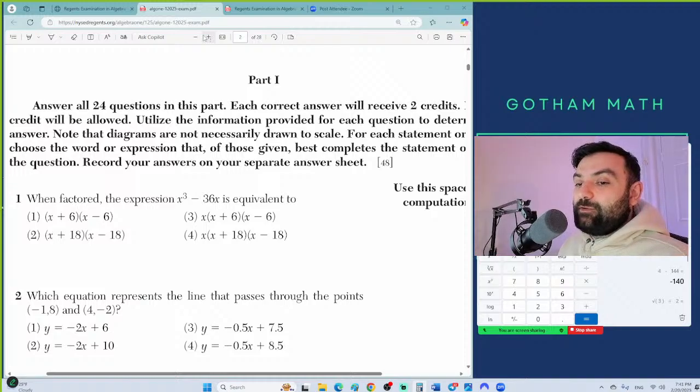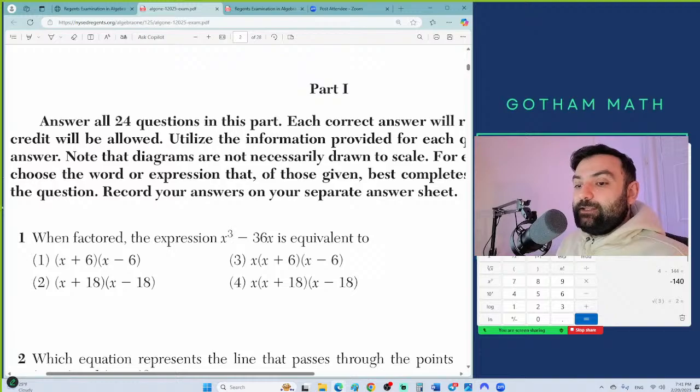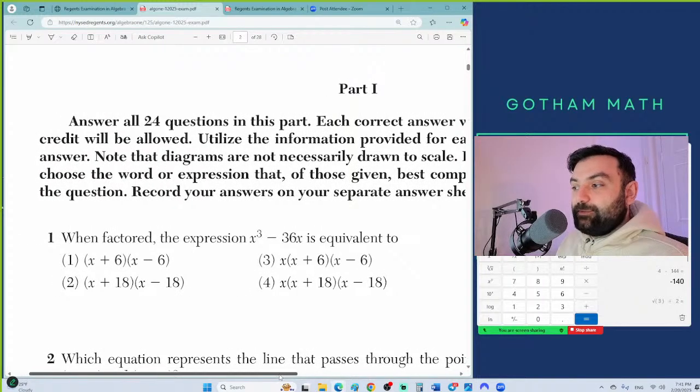Not even what kind of questions, because topics don't change, but maybe the intensity, the hardness, maybe some new tricks. It's the best way to prepare for the upcoming test, to see what was the most recent one. So that's exactly what we're gonna do now. That's why it's an important stream today.